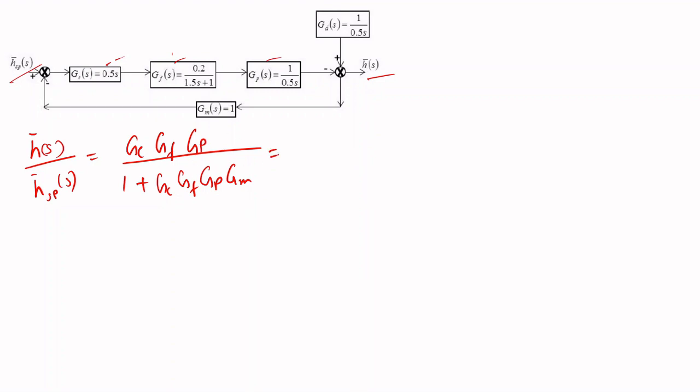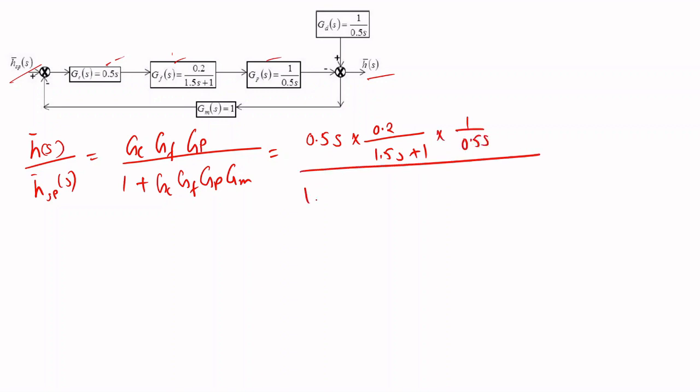So let us write the individual transfer function of each of these blocks and simplify the equation. Gc we have been given as 0.5s, Gf we can write as 0.2 upon 1.5s plus 1, and we can write this as (1 plus 0.5s) upon 0.5s. Then 1.5s plus 1, into 1 upon 0.5s, into 1.